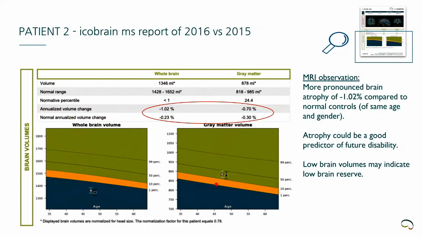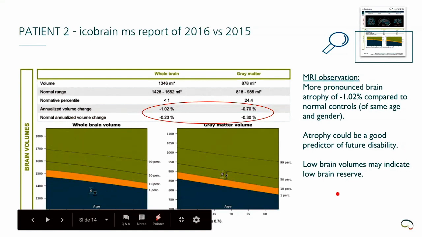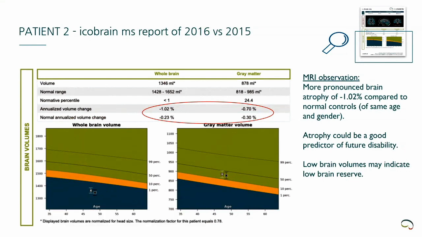I think most neurologists feel that atrophy could be a good predictor of future disability, and this is also a reason why I think many neurologists like to add it to the NEDA criteria as a sort of marker of neuronal damage in MS. And I think most neurologists also feel that if the brain volume gets low, the reserve for displaying clinically significant symptoms is also decreasing.